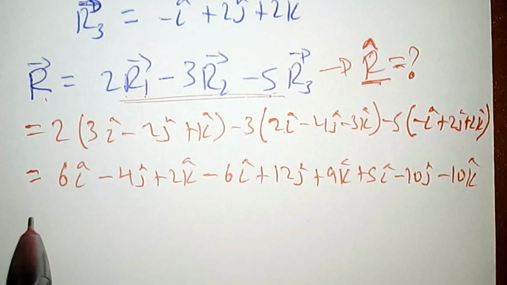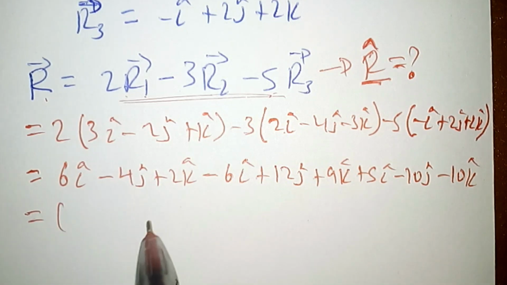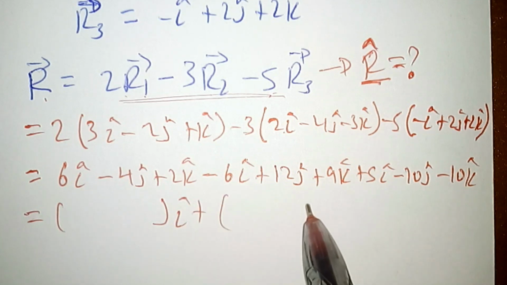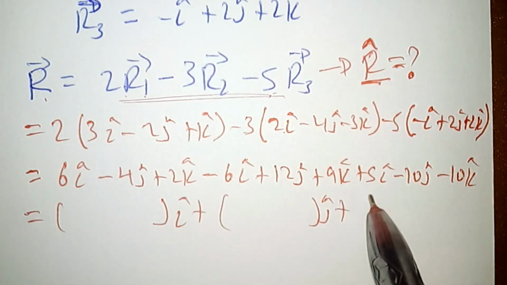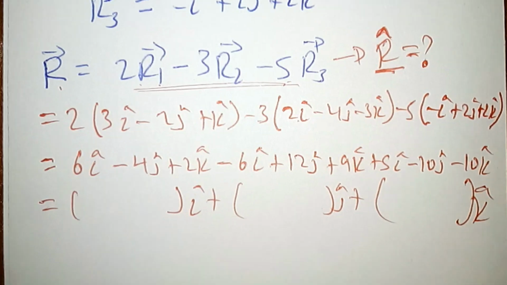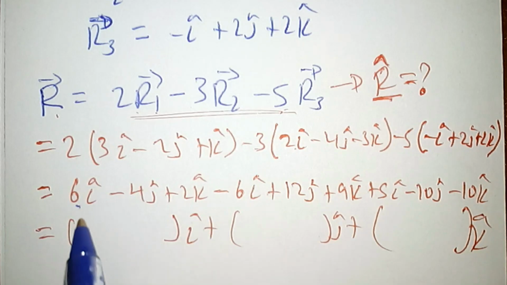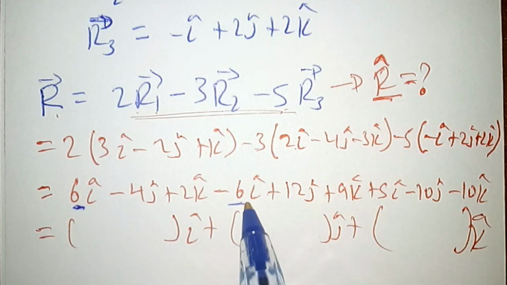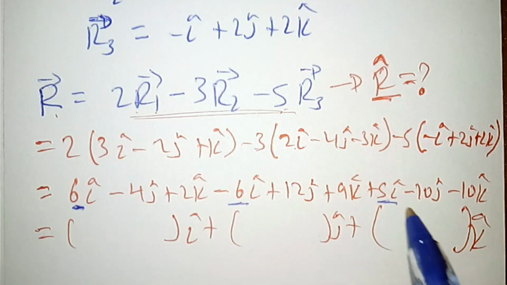So collect the like terms. That means we can collect the i terms, the j terms, and the k terms together. The i terms are 6, here also negative 6, and also we have 5 here.